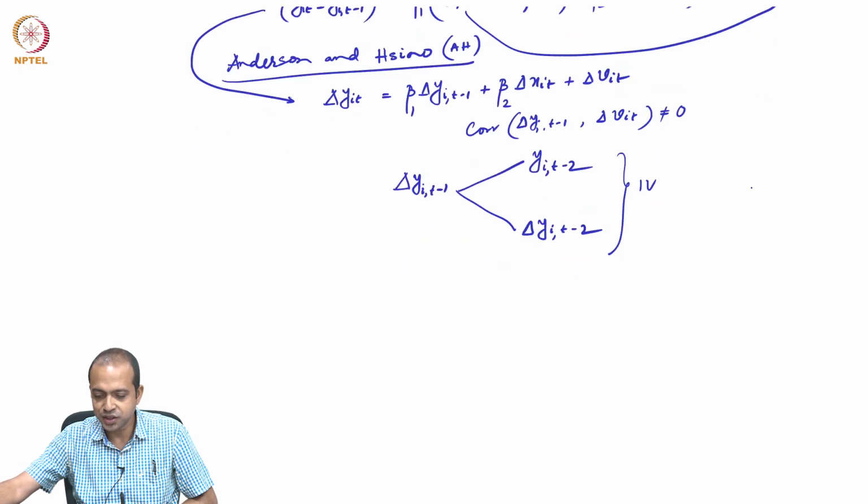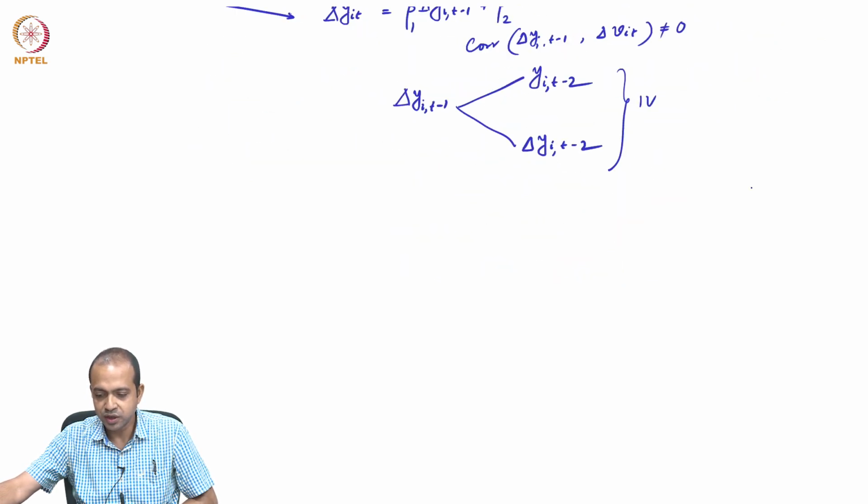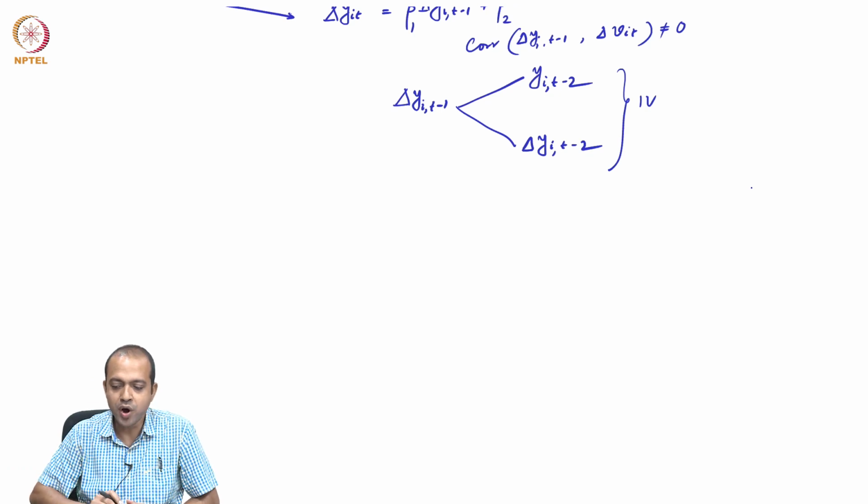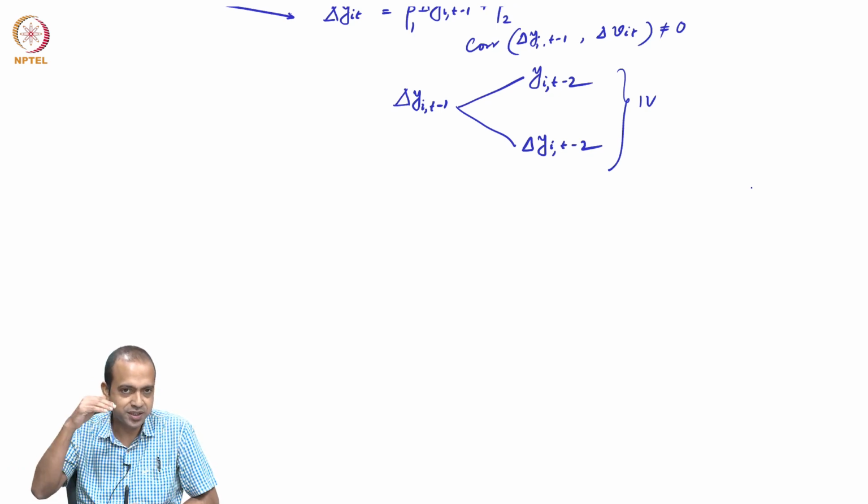So, let us assume that we are using YIT minus 2, the second lag of the level variable, as instrument.